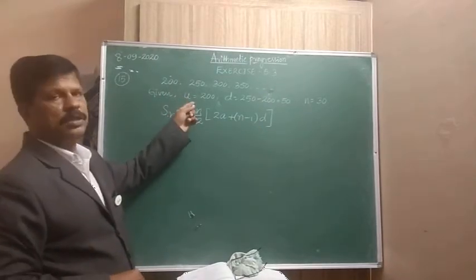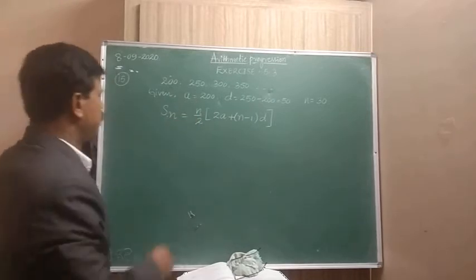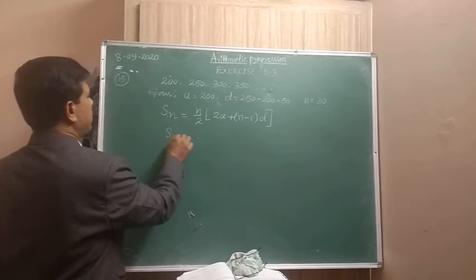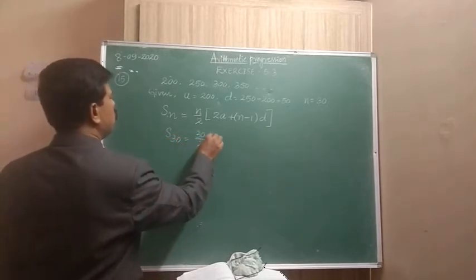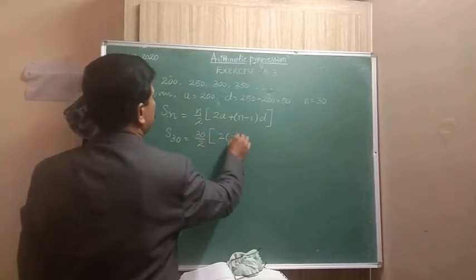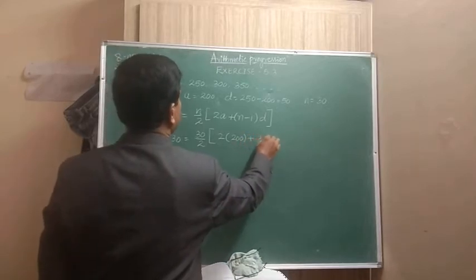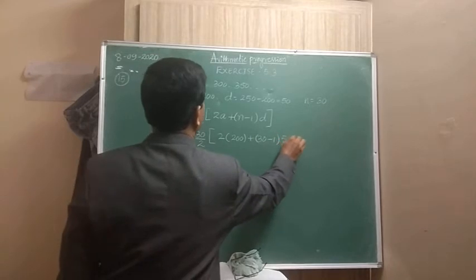Then substitute the values: S30 equals 30 by 2 into 2 of a value 200 plus n value 30 minus 1, d value 50.